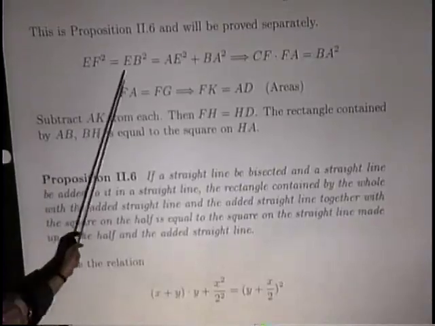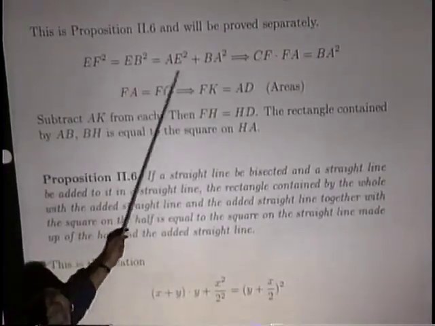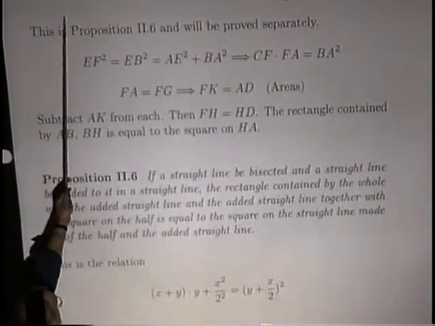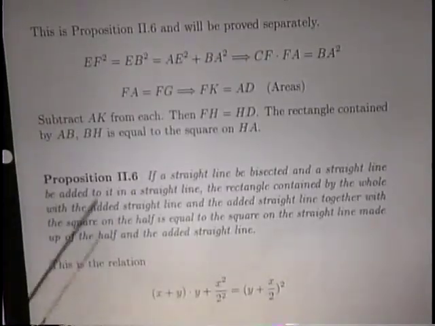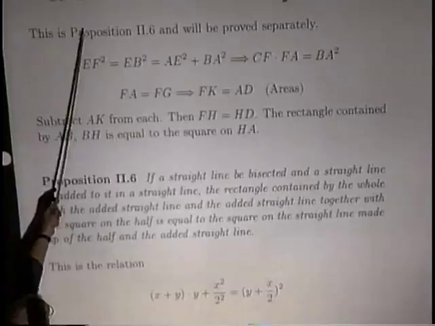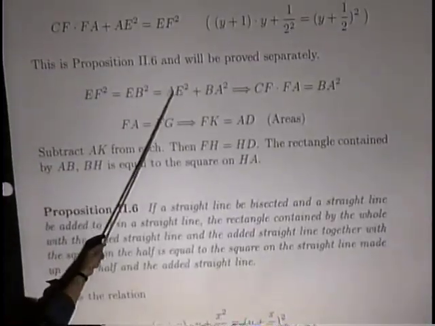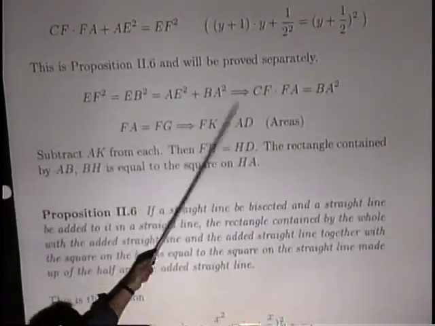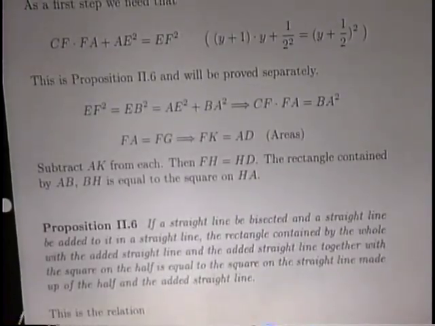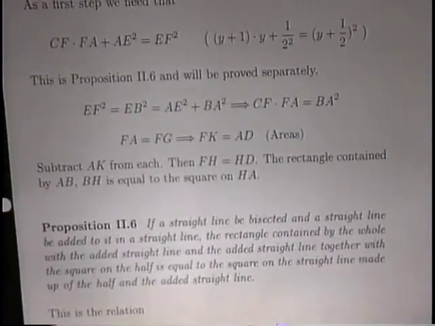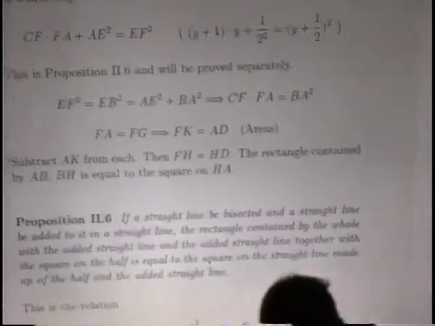So we have this relation, EF squared is this, and we have that, so we have CF times FA, which is what's left over up here when we remove this, is equal to BA squared, which is what's left over here when we remove the same thing. So CF times FA is equal to BA squared. Now that should do it.